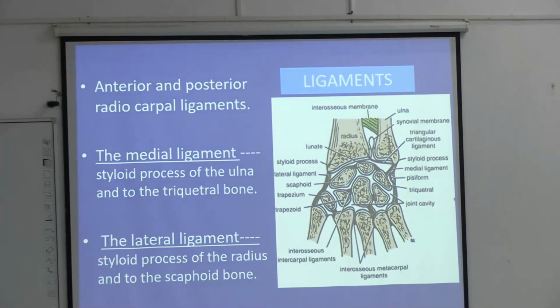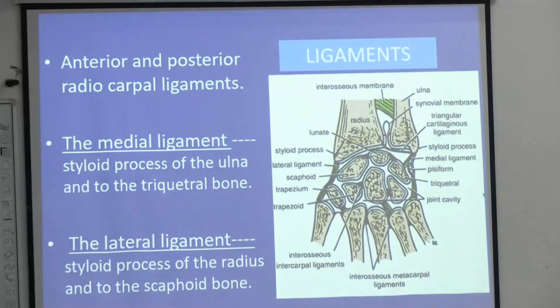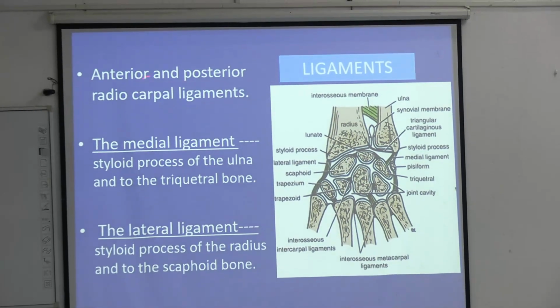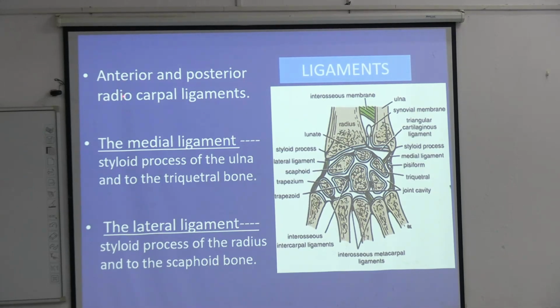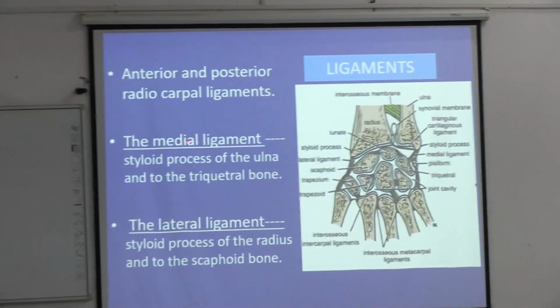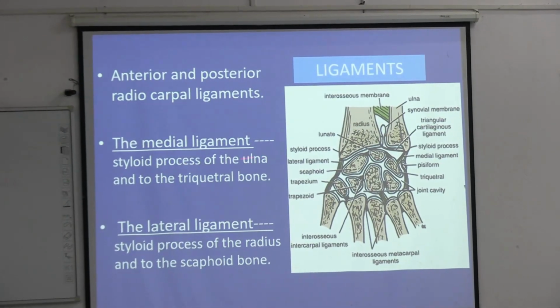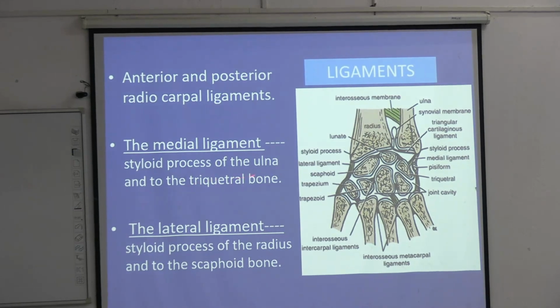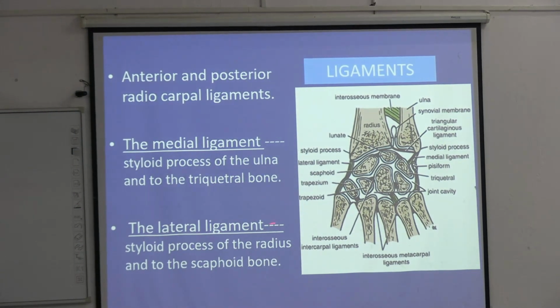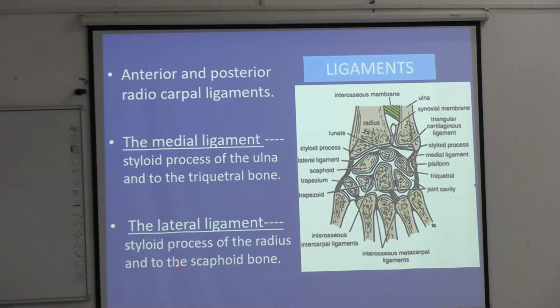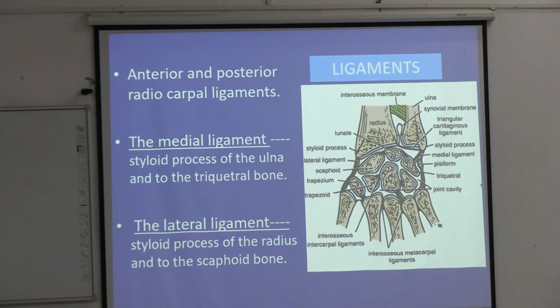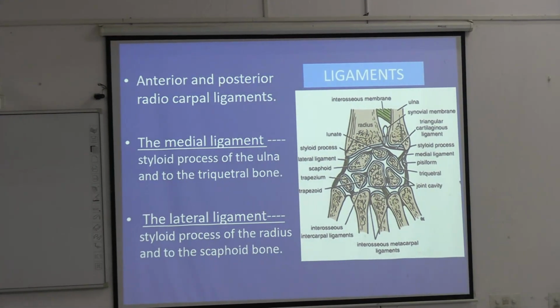Now, the ligaments. What are the ligaments? Anterior and posterior radiocarpal ligament, the medial ligament, from the styloid process of the ulna to the triquetral bone, and the lateral ligament, from the styloid process of the radius to the scaphoid bone. So you see, the bones are pieces.